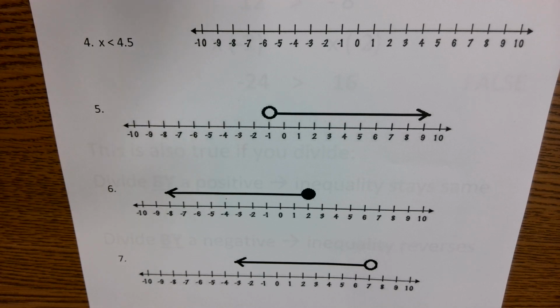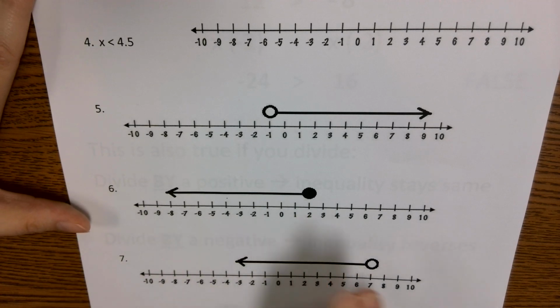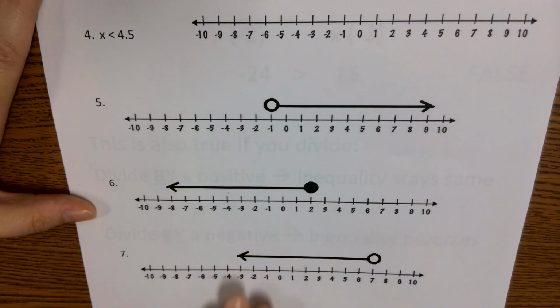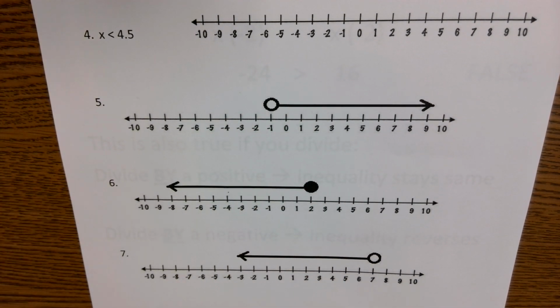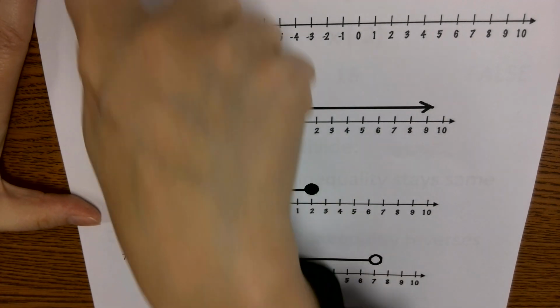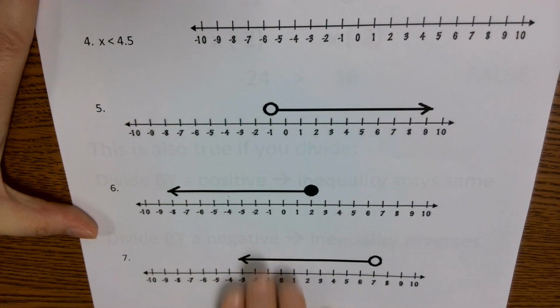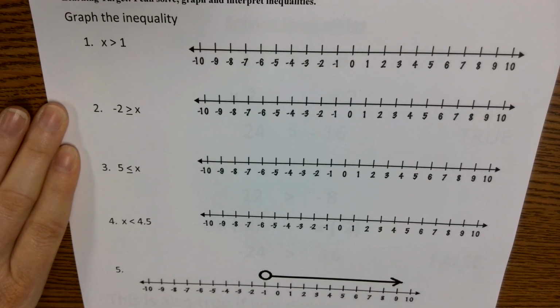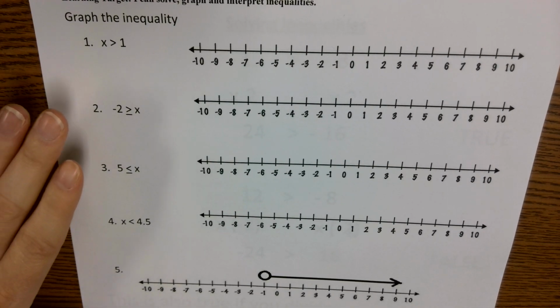You're going to say, oh, x is greater than, or x is less than, or x is greater than or equal to, or x is less than or equal to, and then what point does it start at? That would be the value that it's greater than or less than, or greater than or equal to, or less than or equal to. So do problems 1 through 7 on your own. They should not take you too long. I'm going to give you 2 minutes.